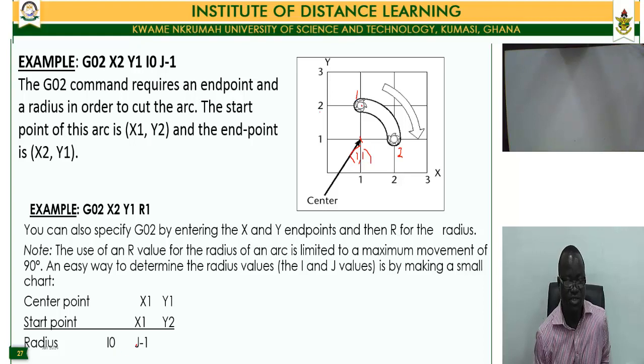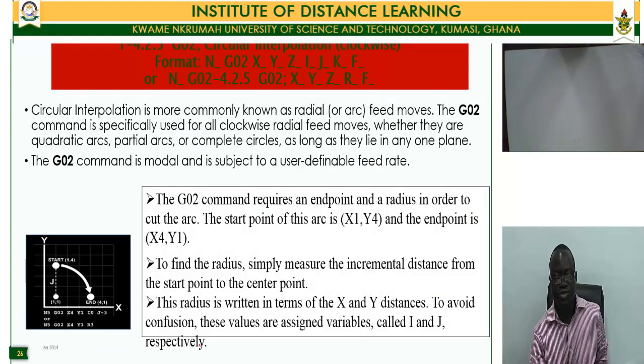So in the G02 format, X, Y, and Z, we give the final destination of the arc, which is the end point, and then we give the IJ, which is the center, or if it is in three dimensions, IJK. Then we put the feed rate there.